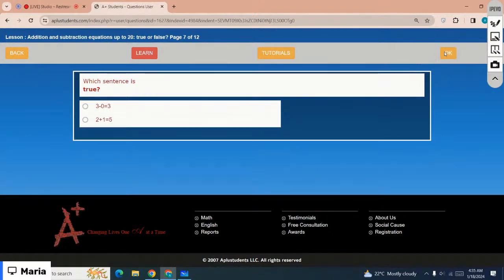Which sentence is true? Which is the correct option? The correct option is 3 minus 0 equals 3.